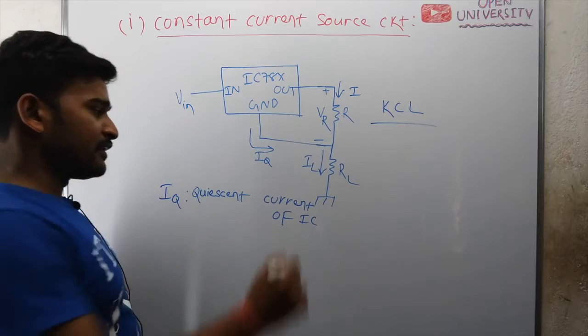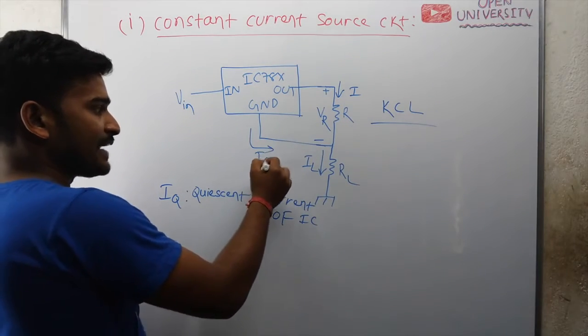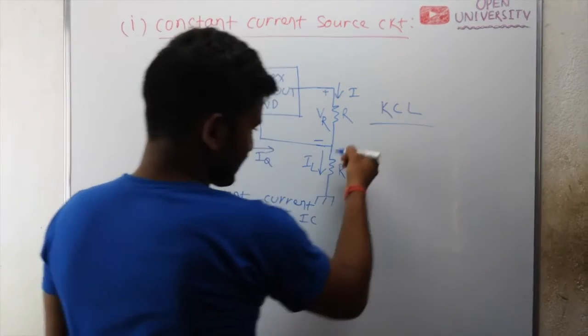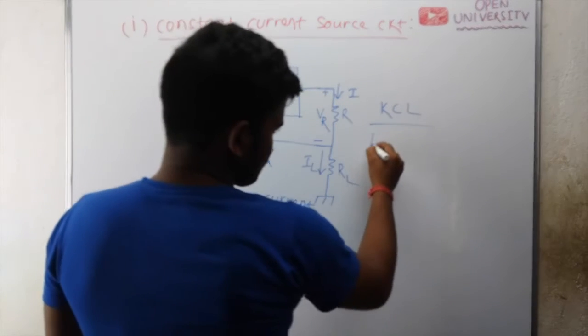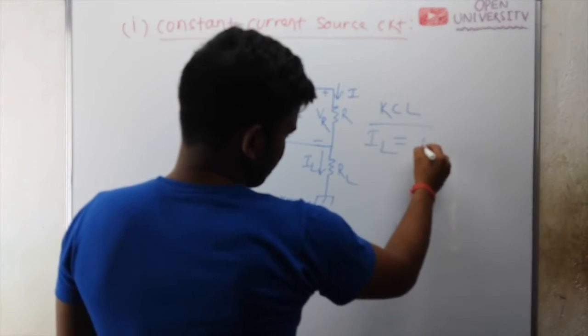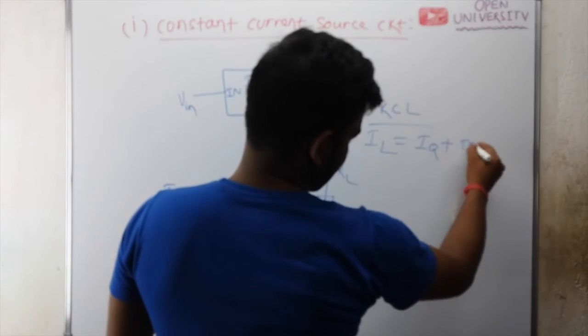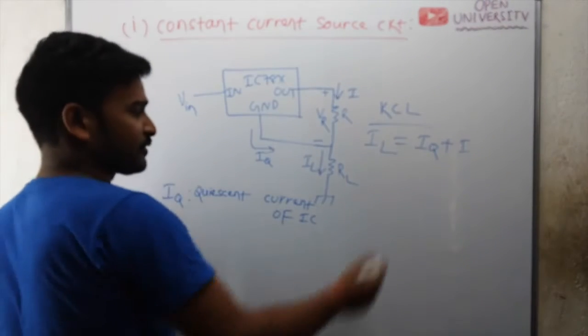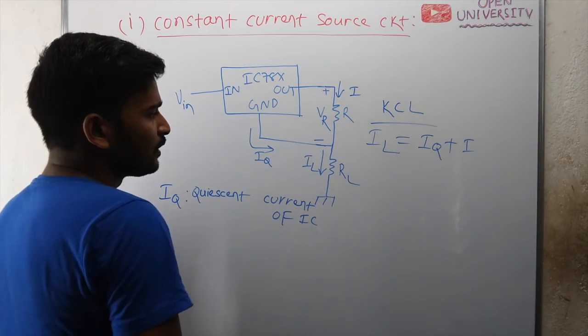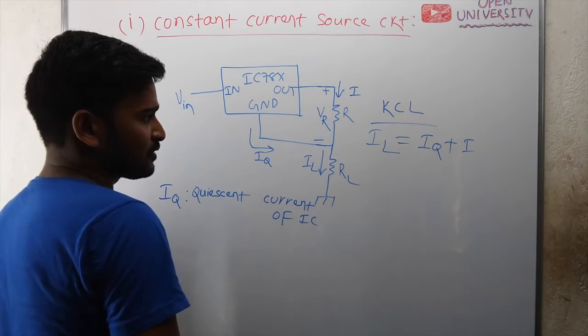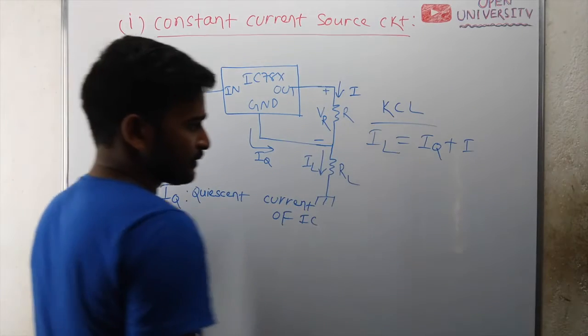If I apply, what are the incoming currents? IQ and I are incoming currents, and IL is the outgoing current. So you can write outgoing current equal to sum of incoming currents, IQ plus I. This is the correct equation. Load current is sum of quiescent current plus this current.